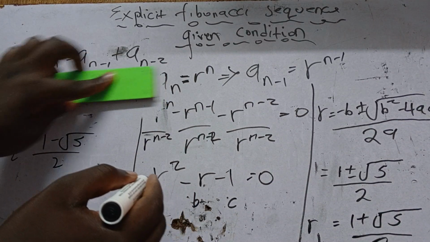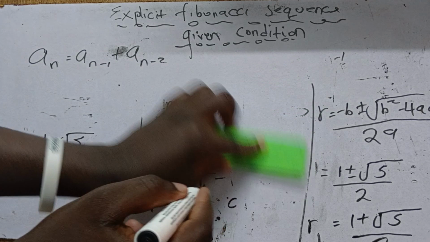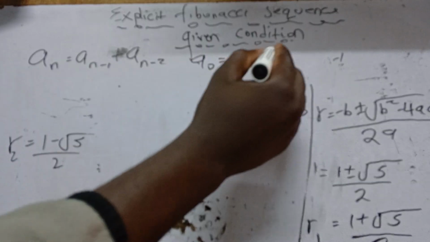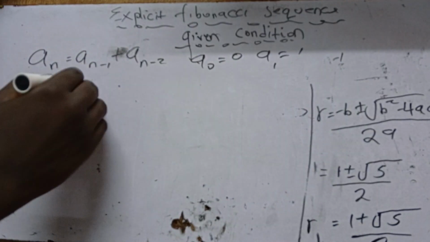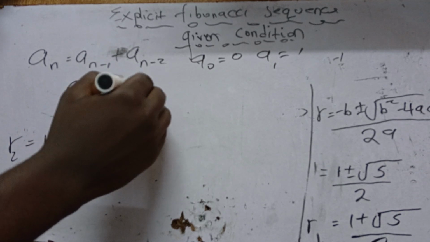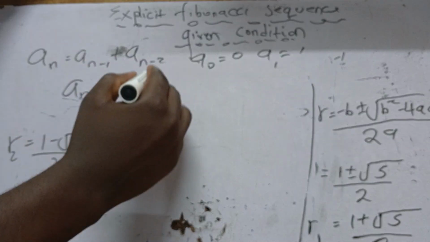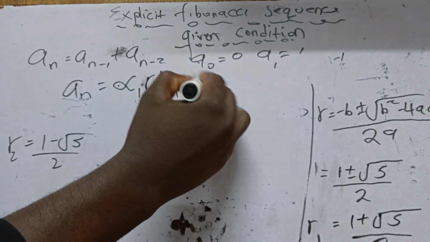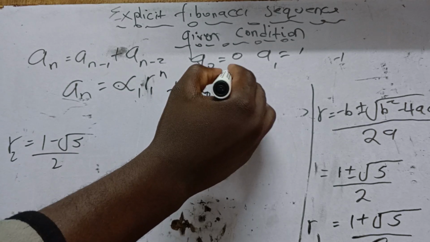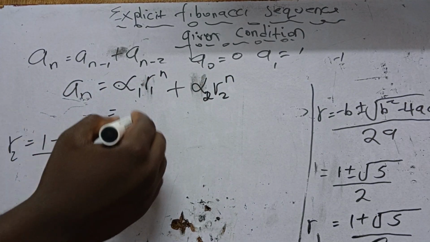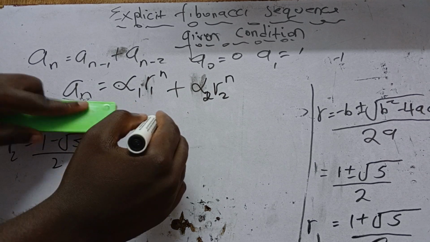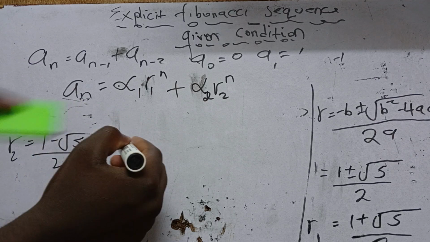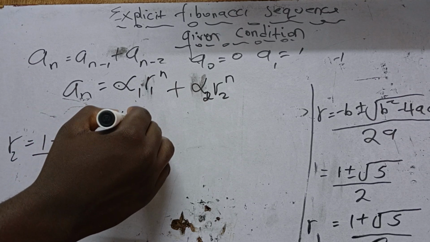So given the condition that a0 is equal to 0 and a1 is equal to 1, if you have an equal to alpha 1 r1 to the n plus alpha 2 r2 to the n, we substitute.